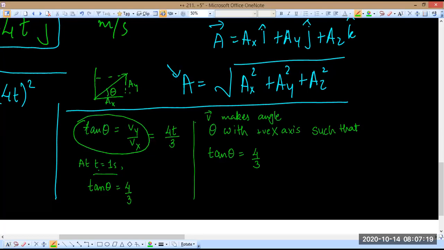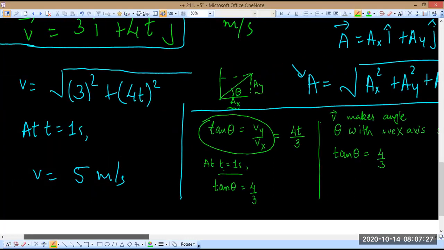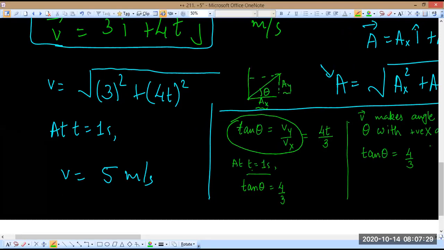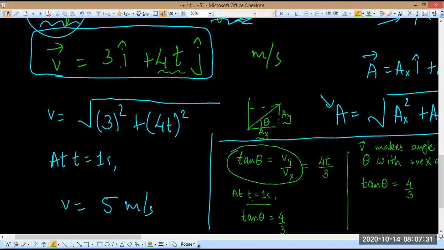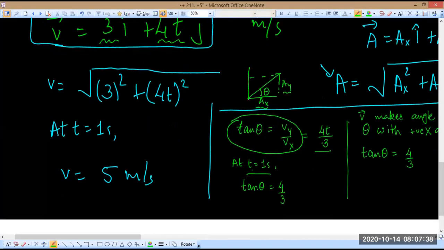So tan theta is going to be Vy upon Vx. And we have just put these values. What is the value of Vy? It is 4t. And what's the value of Vx? It is 3. So I've just put those two values here and we get 4t by 3.